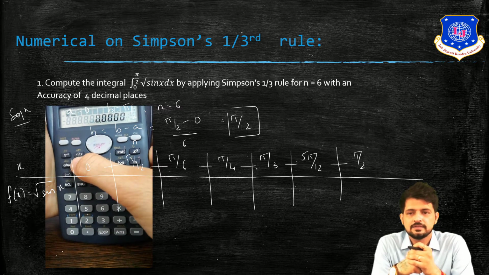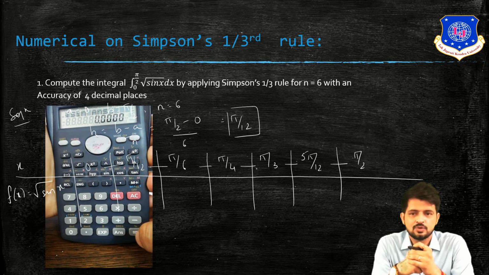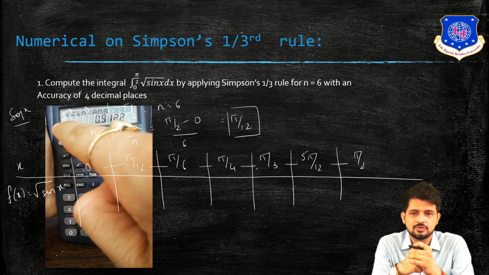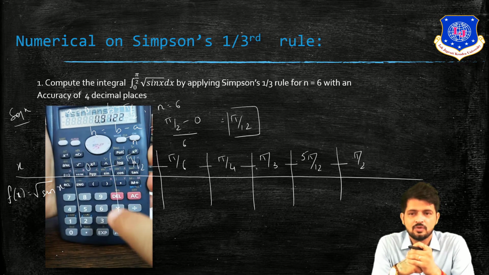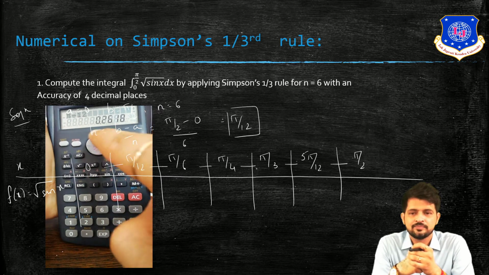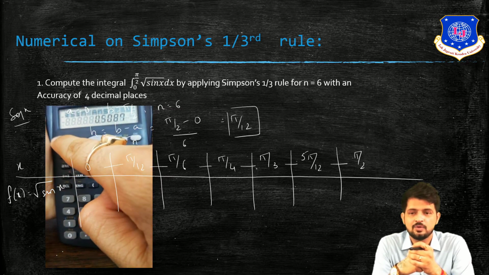By fixing the decimal places at 4, we have to make an equation under root sine answer equal to, because our function is under root sine x. Then I have to take the first value. Sine 0 is 0, the first value will be 0, right? My next value will be 0.5087.